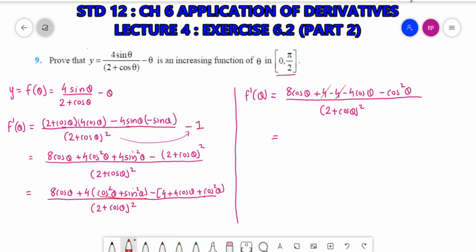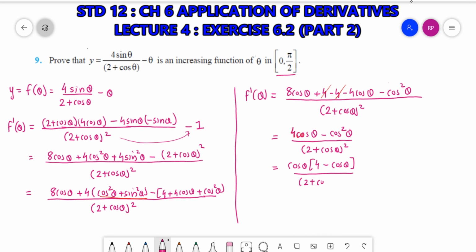Now it is 8 cos theta minus 4 cos theta, so it will be 4 cos theta minus cos square theta upon 2 plus cos theta whole square. Now I can take cos theta common. I will get cos theta into 4 minus cos theta upon 2 plus cos theta whole square. So this is my f dash theta.